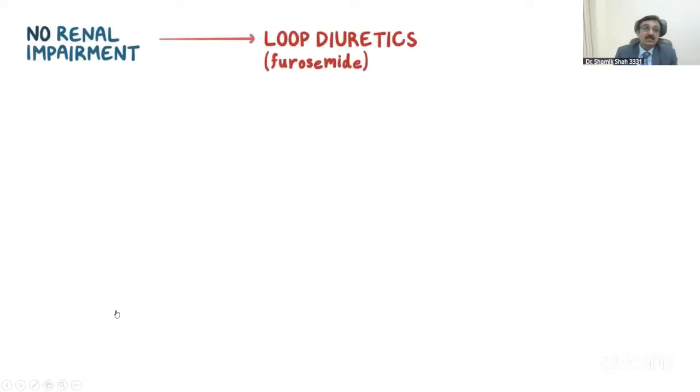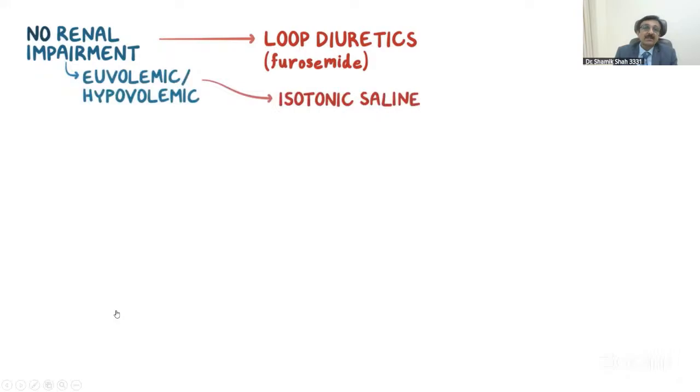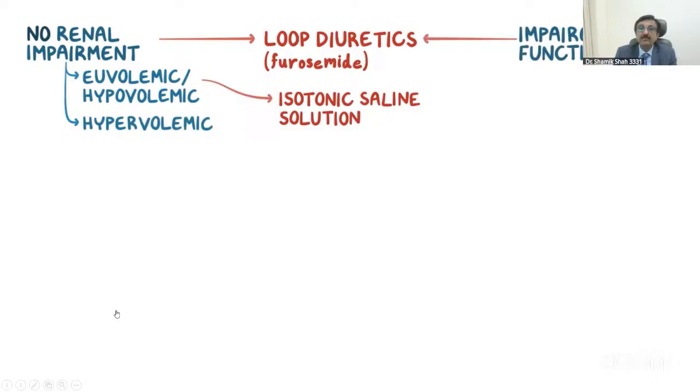If the patient has no renal impairment, then loop diuretics can be given, because we saw already before how loop diuretics cause hypokalemia. But if the patient is euvolemic or hypovolemic, then we need to give loop diuretics along with isotonic saline. Now, if the patient has impaired kidney function, then the loop diuretic dose needs to be adjusted.